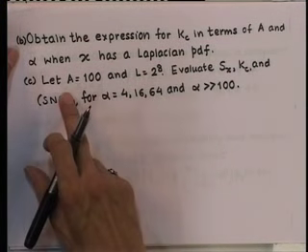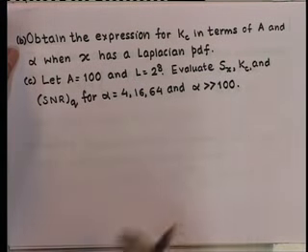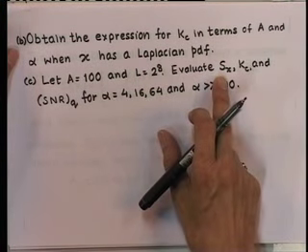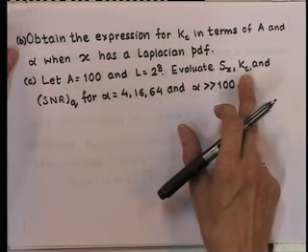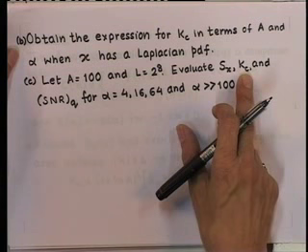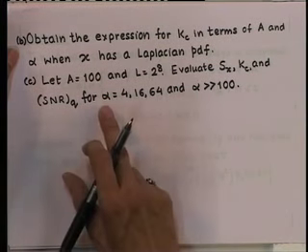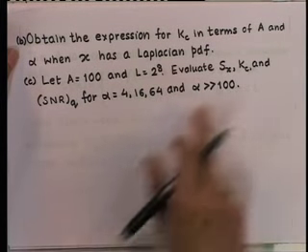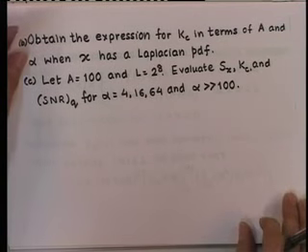And then finally, for specific values of A equal to 100 and L equal to 256, we are required to evaluate the variance of the input, the constant K c, and the signal to quantization noise ratio for different values of alpha. So, let us try to provide a solution to this problem.